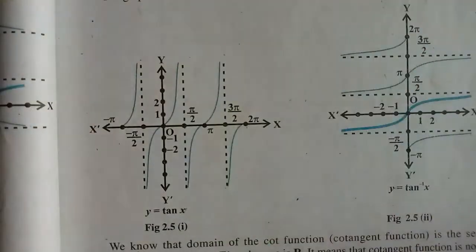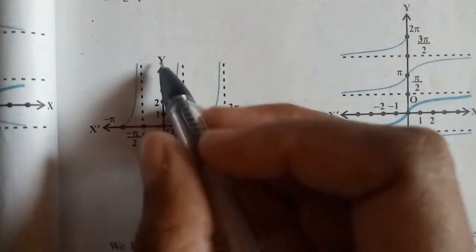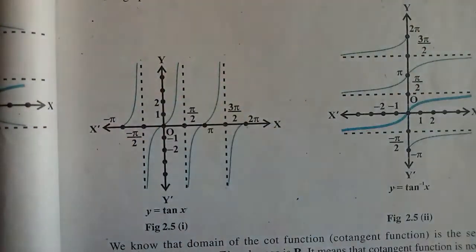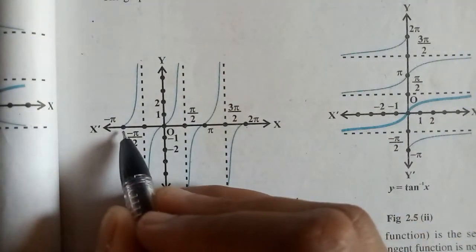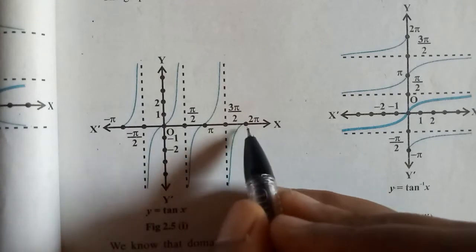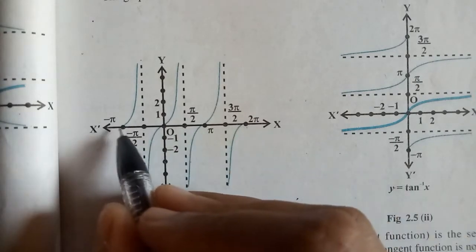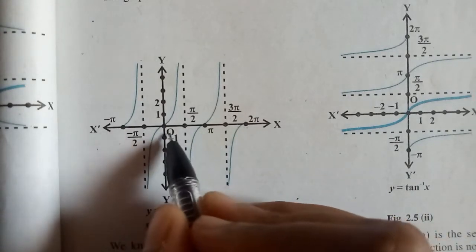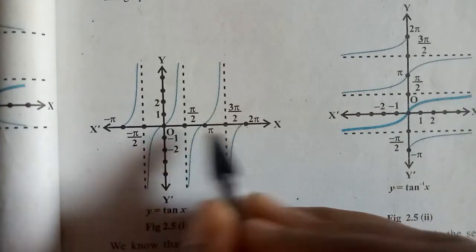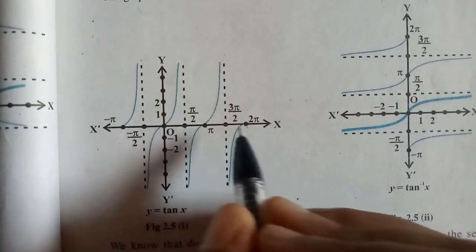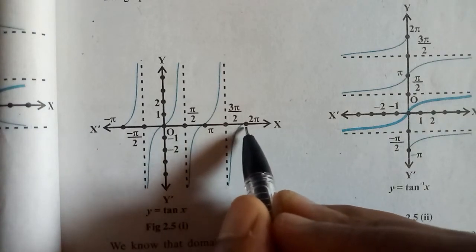Now our problem is injectivity, because in this part all the images will be the same. Tan of 0, tan of pi, tan of minus pi and tan of 2 pi will all be 0, but minus pi, 0 and 2 pi are all different elements and the image is the same.